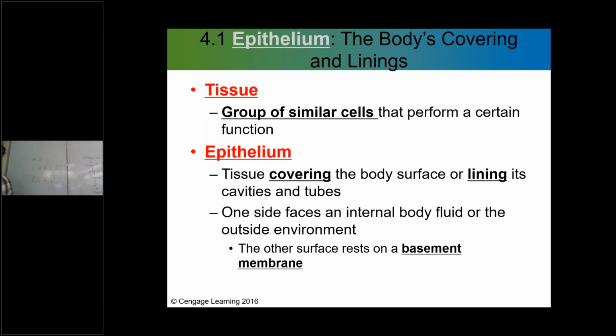The epithelium is a specific type of tissue that covers and lines, and that's the big thing there. If you can highlight that, circle it, I've already underlined it: covers and lines. That's very important for covering the body surface, lining the cavities, the tubes, the different organs, right? As a lining, that epithelial tissue.